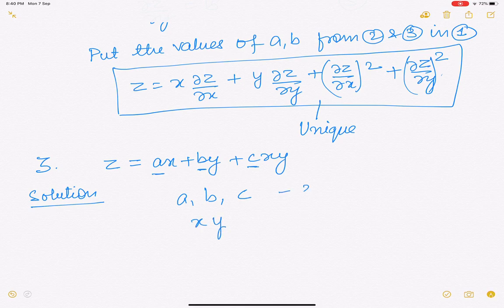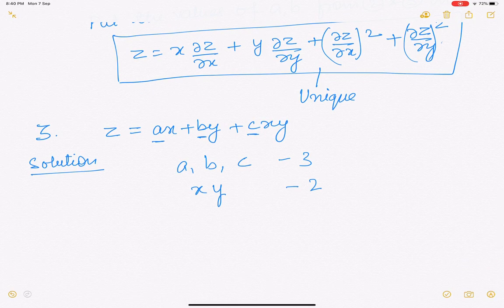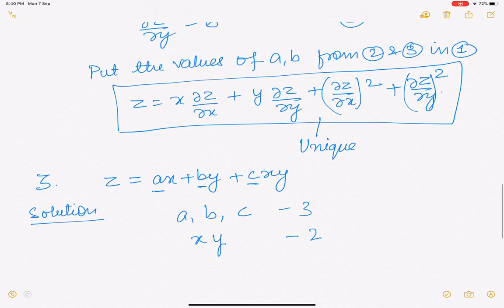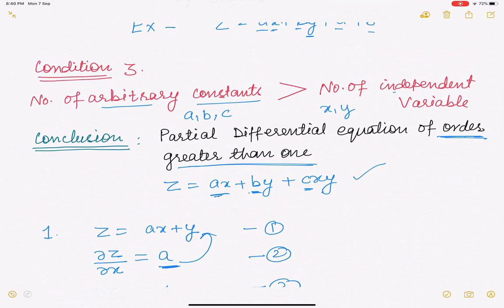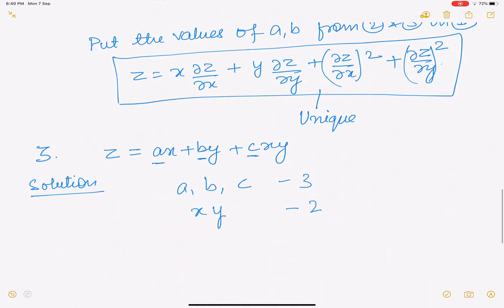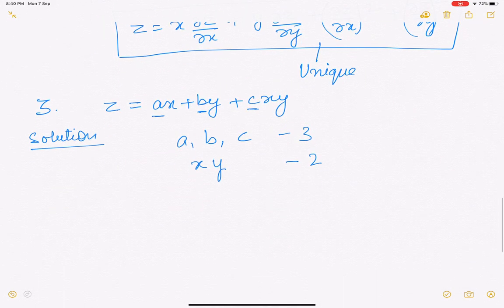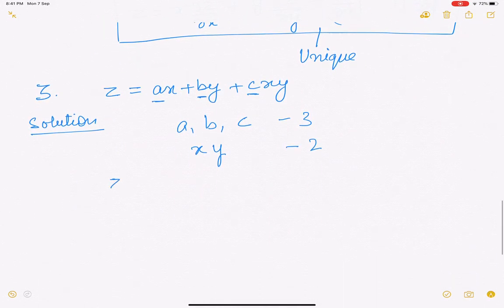So obviously 3 is greater than the number of independent variables. That is why in condition number 3, the order of the PDE is greater than 1. So step 1 says, this is our relation 1.